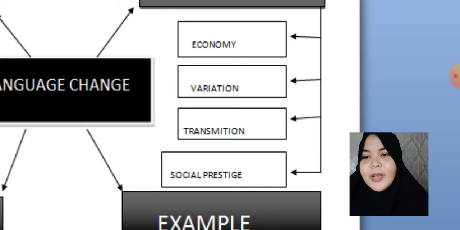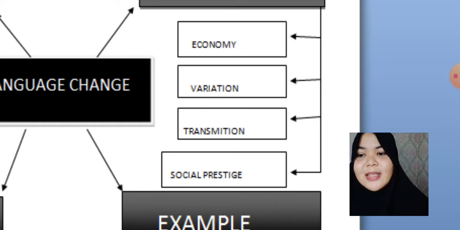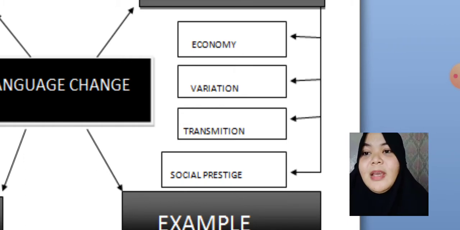To say apron, in the past, it was actually napron, but because people misunderstood it or misheard it as an apron, it became apron, not napron anymore, because they heard it wrongly.